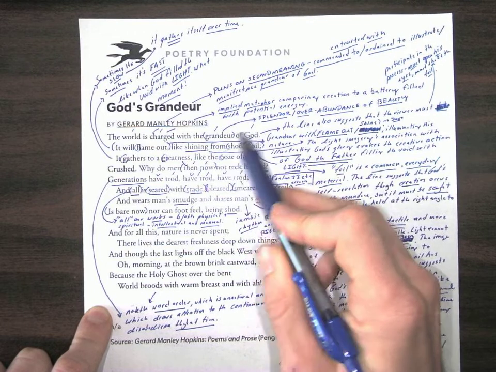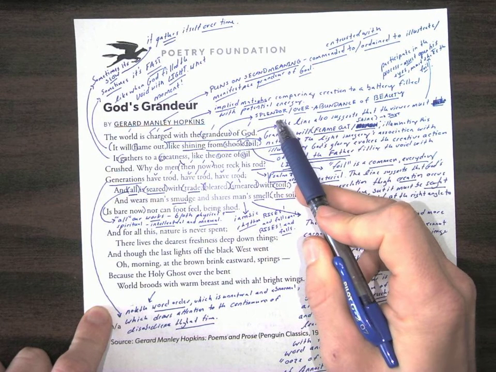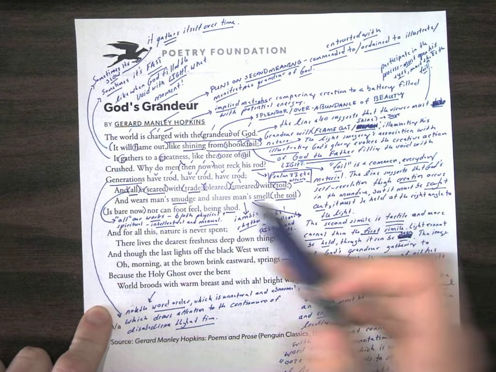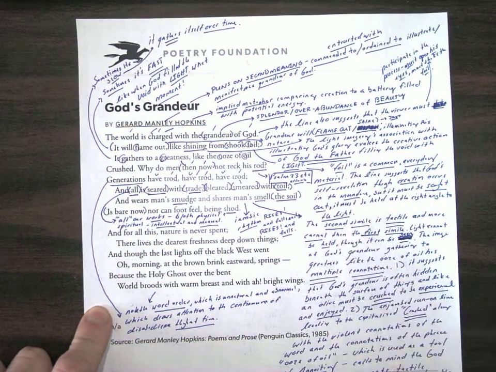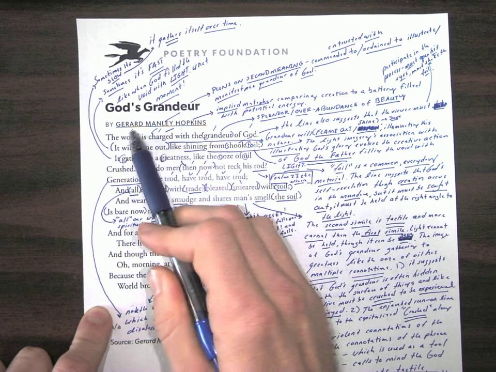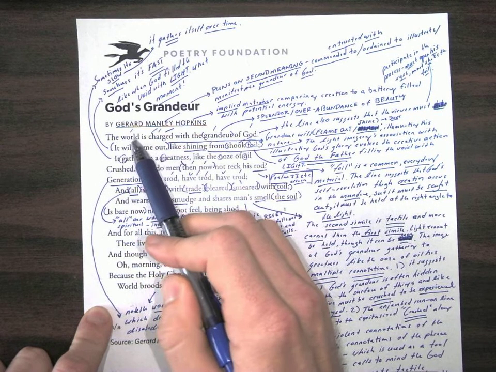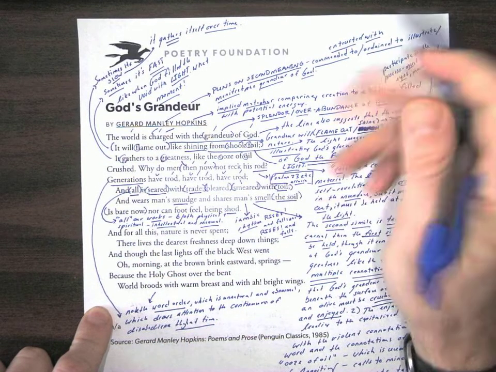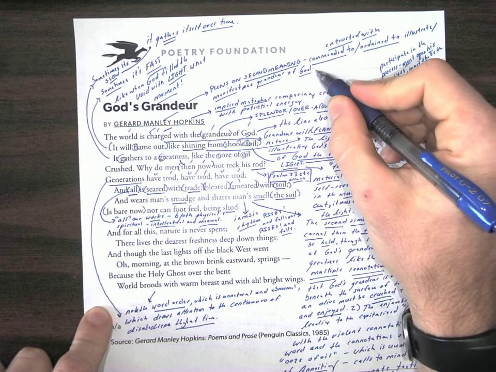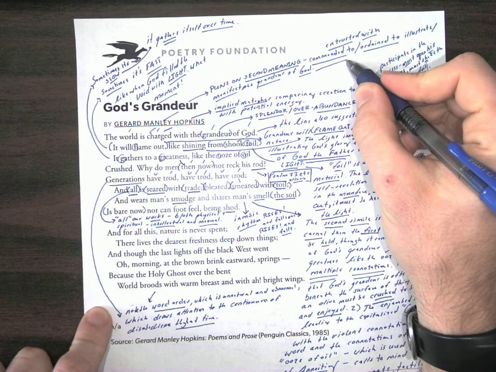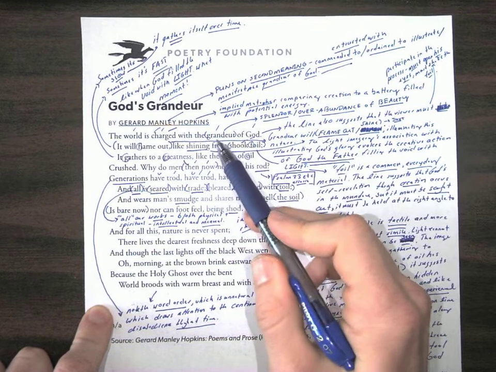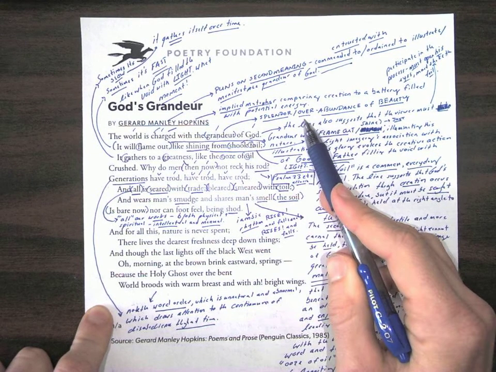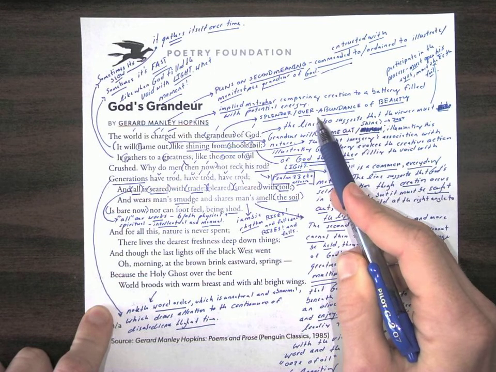That word grandeur, as we already established, means the splendor or overabundant beauty of God. So in other words, the first line of the poem establishes that the purpose of the cosmos, the thing that the world has been created and commanded to do by its maker God, is to reveal his splendor, his overabundance, his extraness.